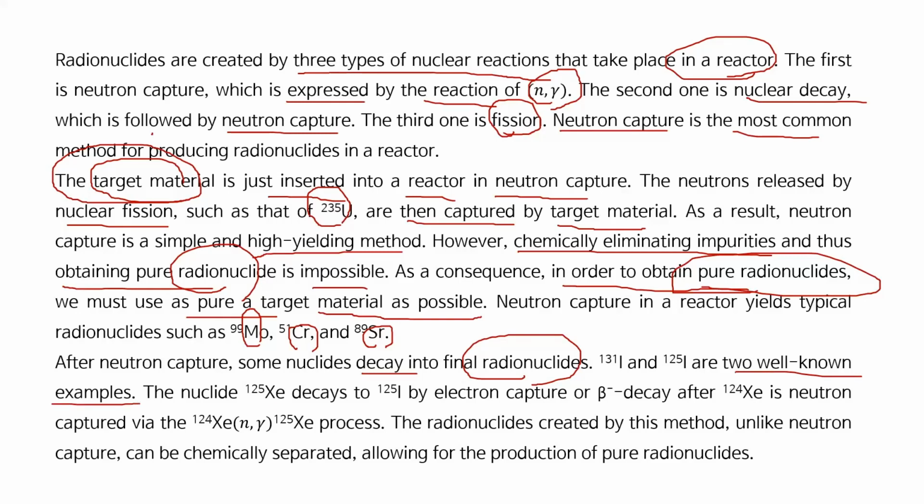The nuclide xenon decays to iodine-125 by electron capture, or beta-minus decay, after xenon-125 is neutron captured via this reaction process. The radionuclides created by this method, unlike neutron capture, can be chemically separated, allowing for the production of pure radionuclides.